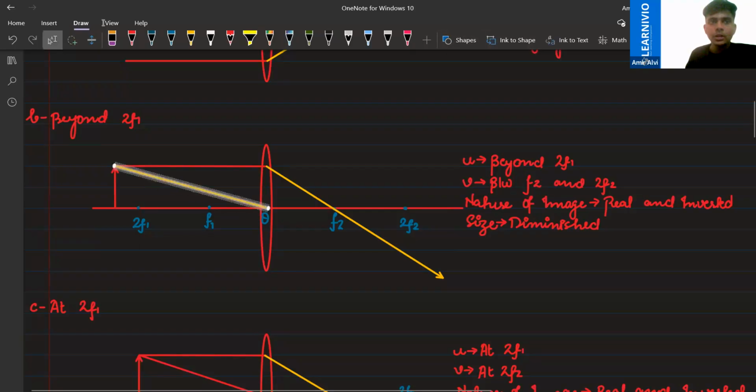That's a network issue. Okay, so the second ray will be passing through the optical center and it will basically go straight as it is. Just a second. So as you can see here, the image is formed smaller than the object, so it would be a diminished image and be between f2 and 2f2.